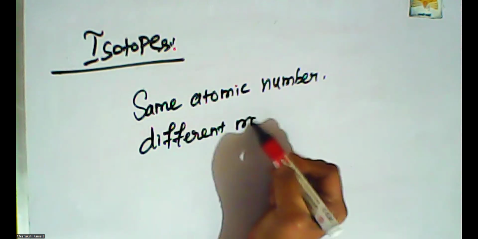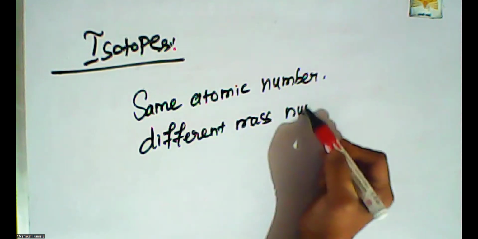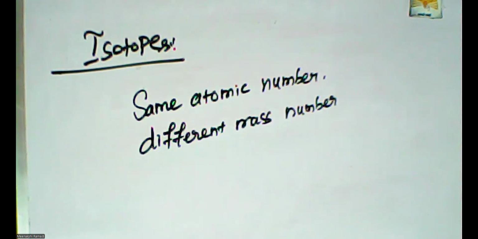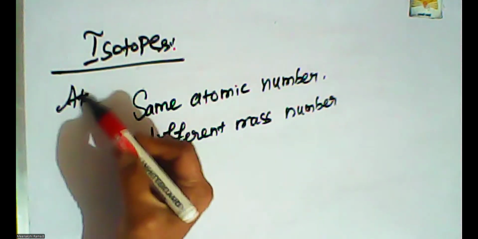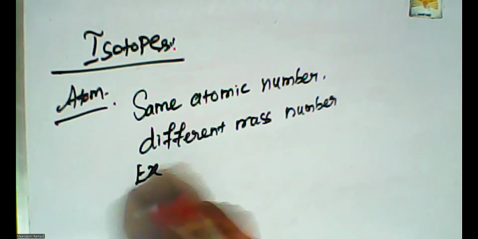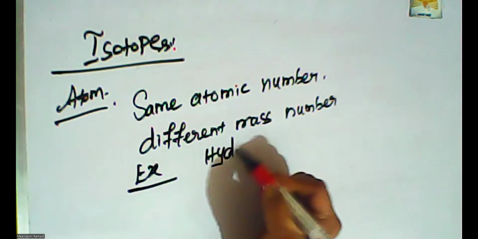This is the detail about isotopes. Atoms of elements that have the same atomic number but different mass number are called isotopes. The example of isotopes is hydrogen.